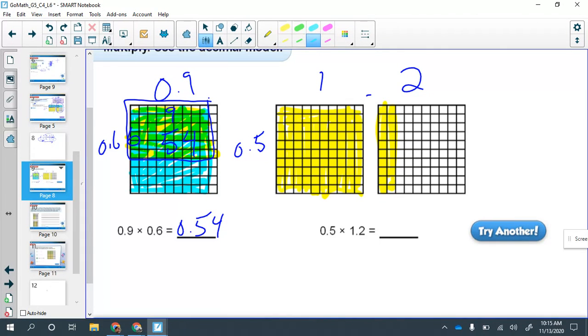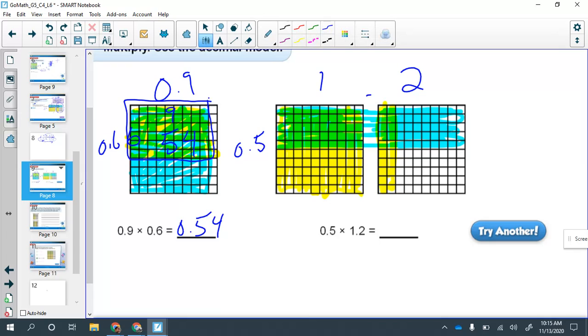Okay, switch our color. Now our 5/10 goes all the way across both of these so that we get everything we need shaded in, right? So there's 5/10 of this first one, and we shaded in 5/10 of the second one.